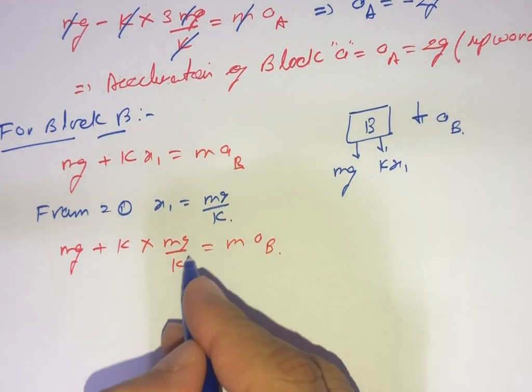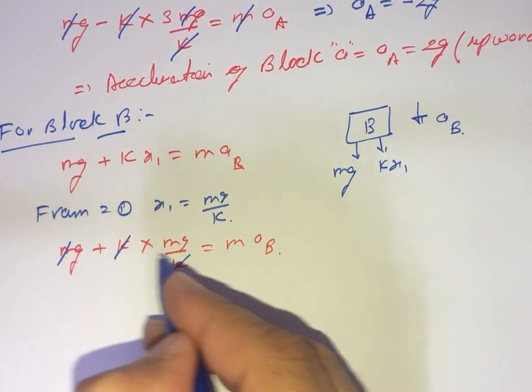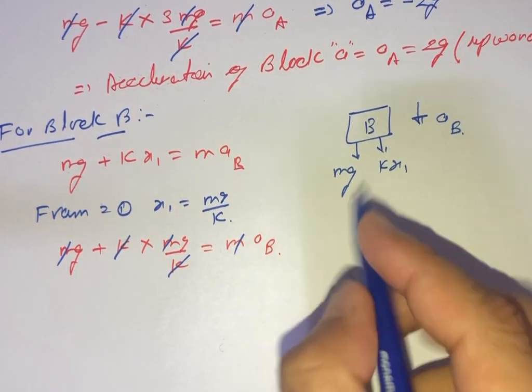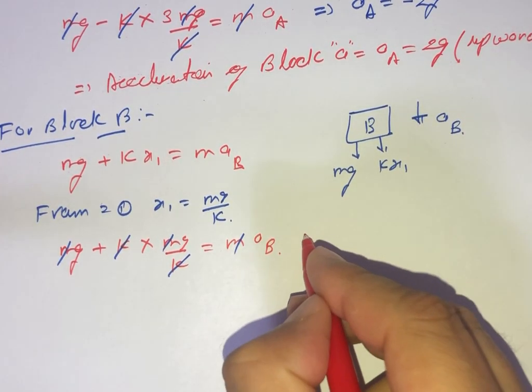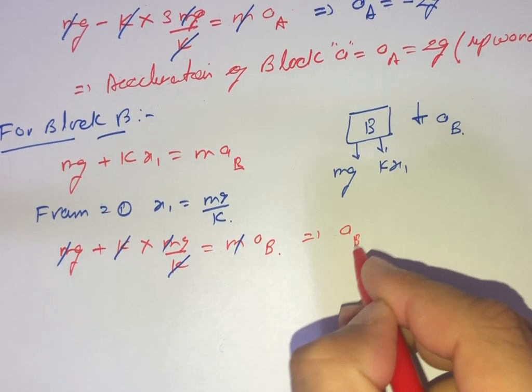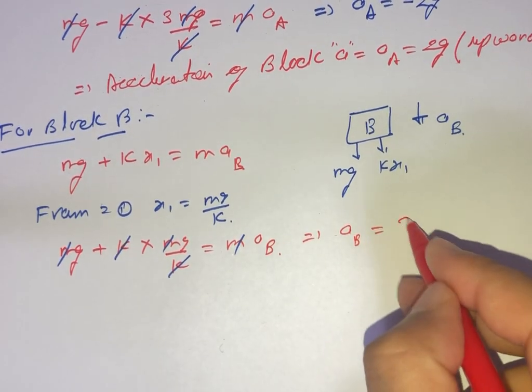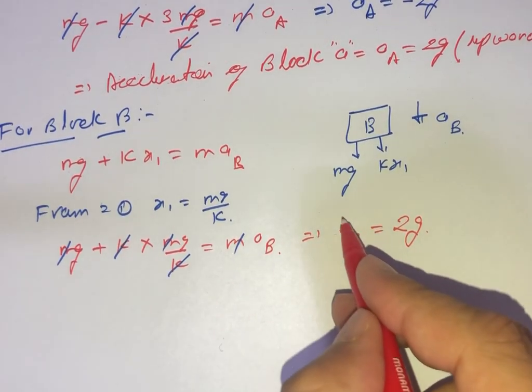Now k cancels out and m cancels out entirely, so from here we can write that acceleration of B will be equal to twice g.